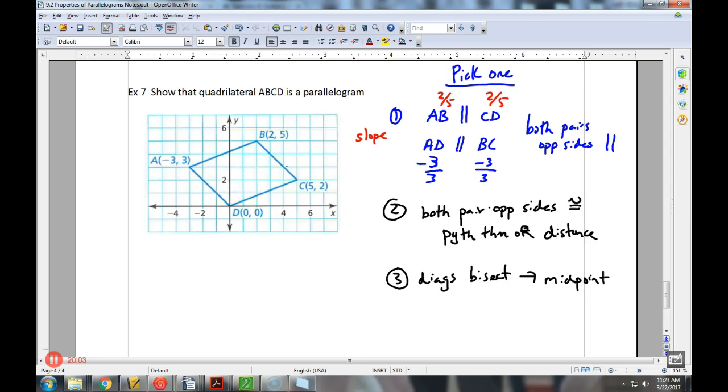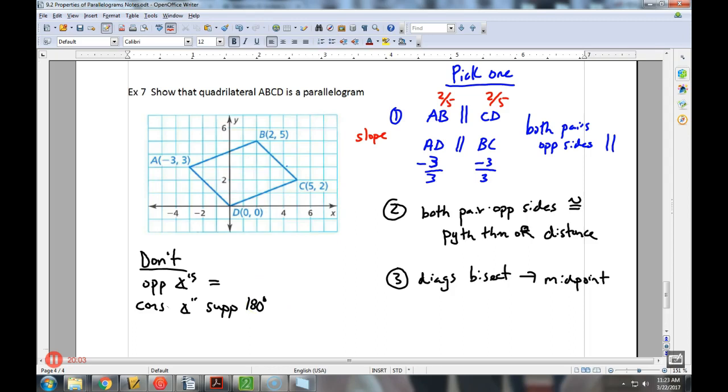I can't really do the opposite angles, so this is one you don't want to try. You don't want to do opposite angles equal, or consecutive angles supplementary, because I don't have a protractor and I can't calculate those two to see if they add up to 180 degrees, and I can't see if the angles are equal.